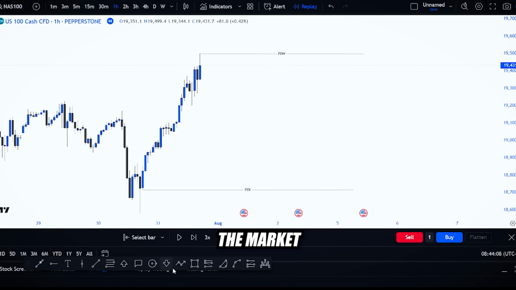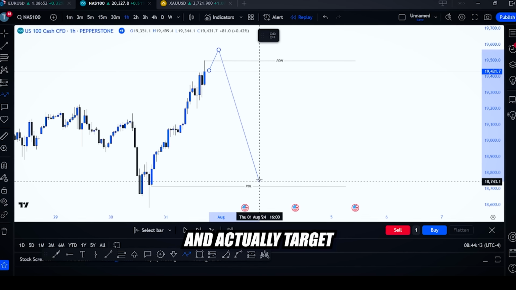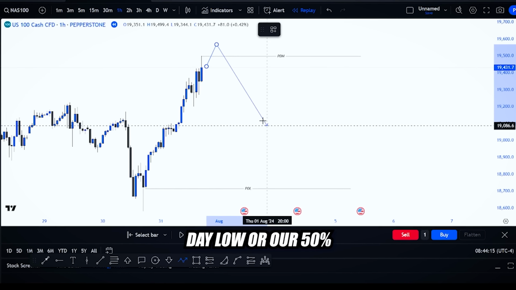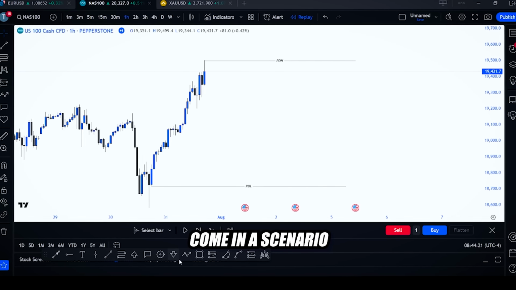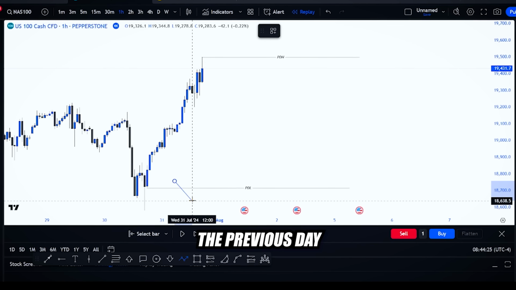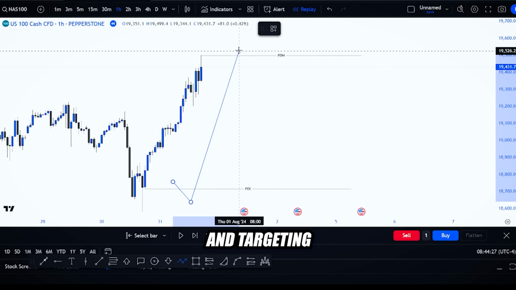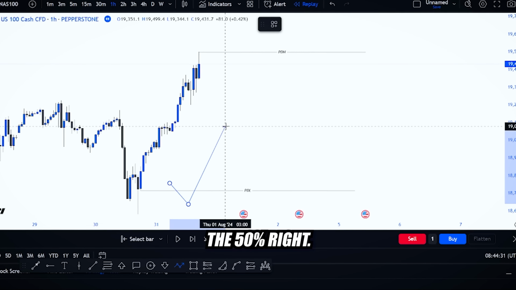So we're expecting that the market sweeps the previous day high and targets the previous day low, or our 50% in this range. Or it comes in a scenario whereby the market sweeps the previous day low and targets the previous day high, or just the 50%.